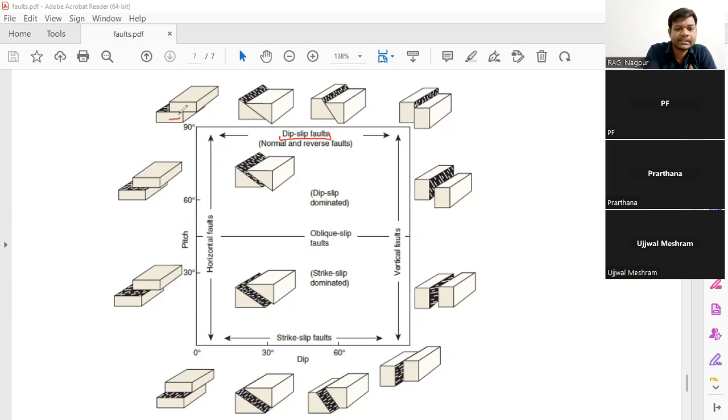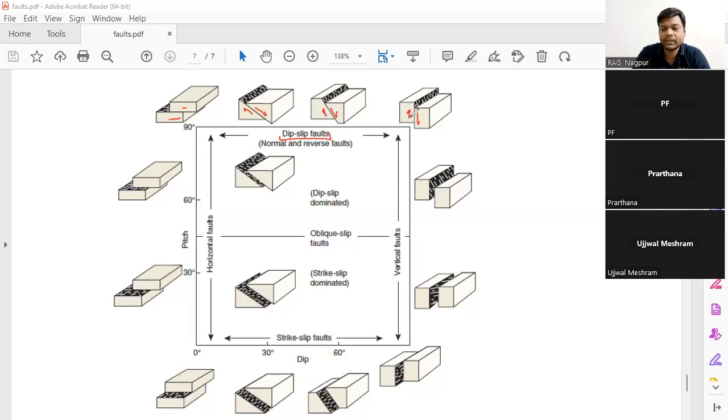Here it is horizontal, where the separation is along 90 degrees. Here some angle is there. It is again a steep fault, a steeper fault, and this basically is a vertical fault.